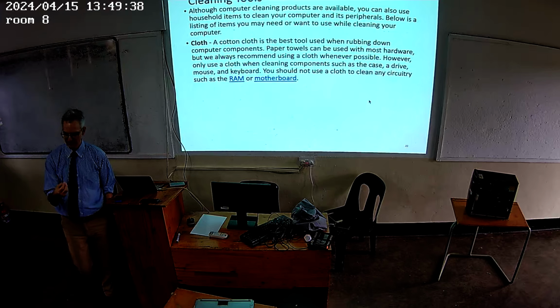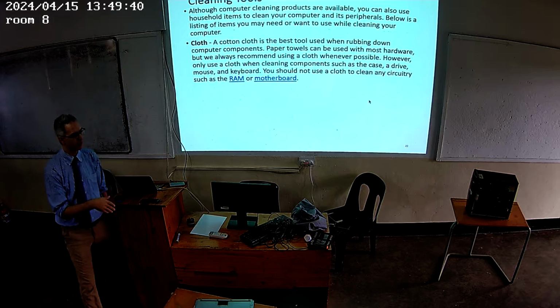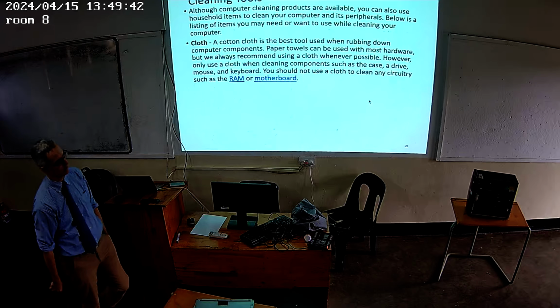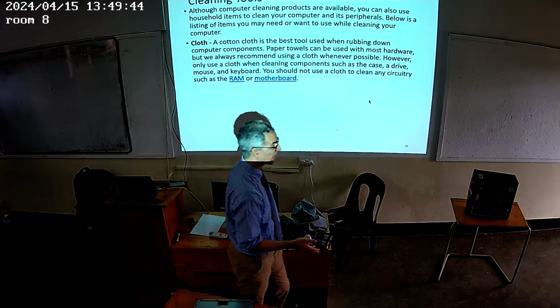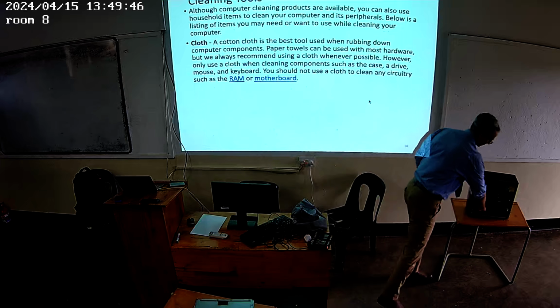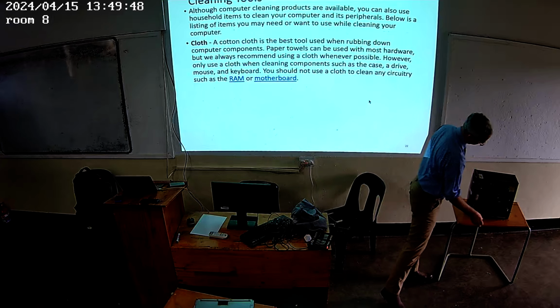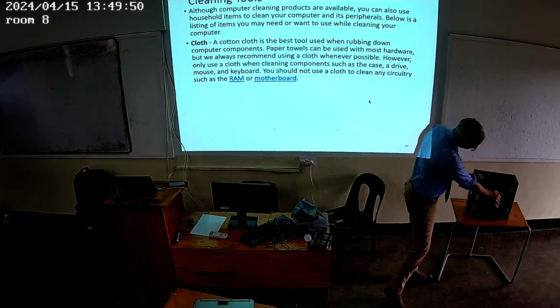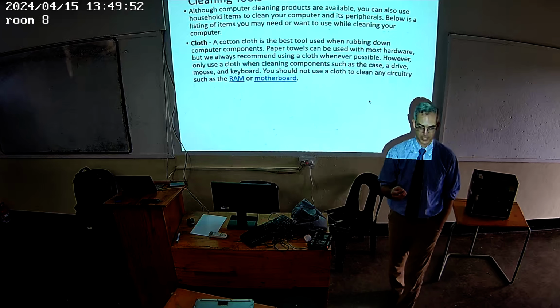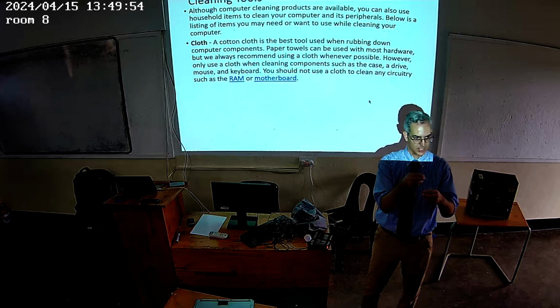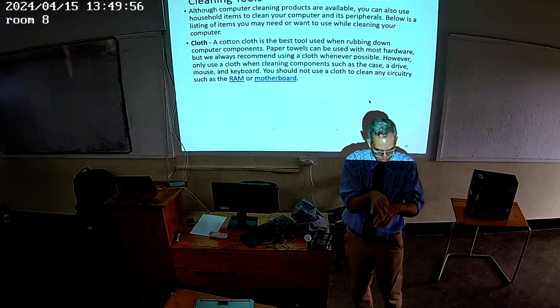So I would use a paper towel on the outside of the case, maybe on some big areas, like the bottom of the inside here. But I wouldn't go into little places with the paper towel, because it rips easily, and then you have little bits of things you have to figure out how to get out.